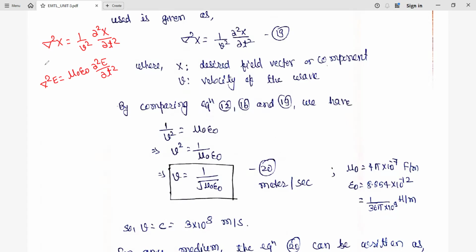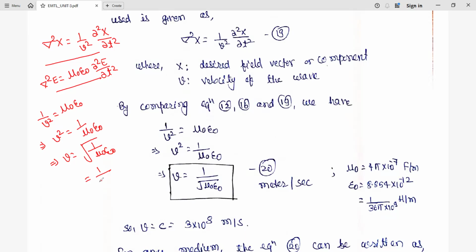If you compare these two equations, what we find here is that 1 by v square equal to mu naught into epsilon naught. Now if you rearrange this, we get v square equal to 1 by mu naught epsilon naught. And finally, v is what here? Root under 1 by mu naught epsilon naught. So finally, it is 1 by root under mu naught epsilon naught.